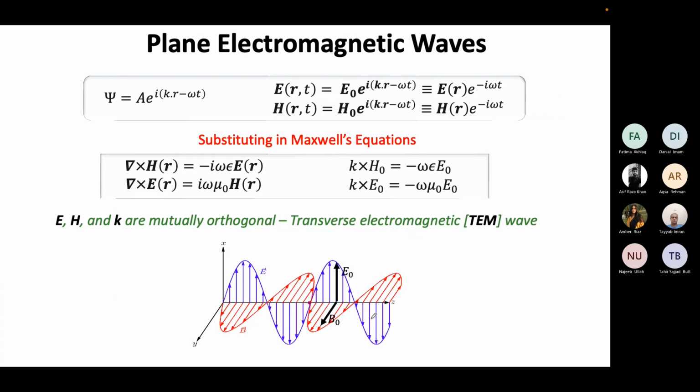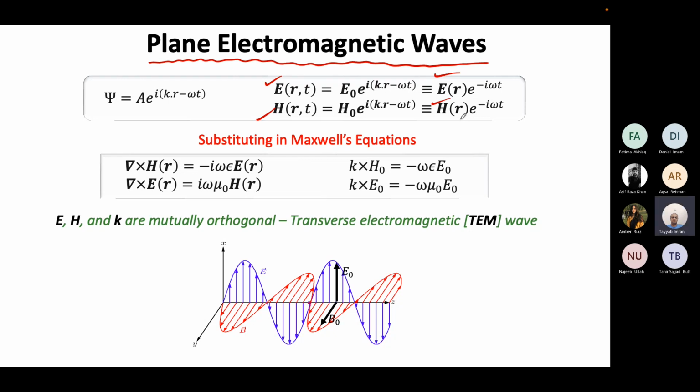Here, plane electromagnetic waves. Okay, so plane waves, not the spherical waves here, plane waves, same thing. These things, we already know that these are the space part and time part, position and time.